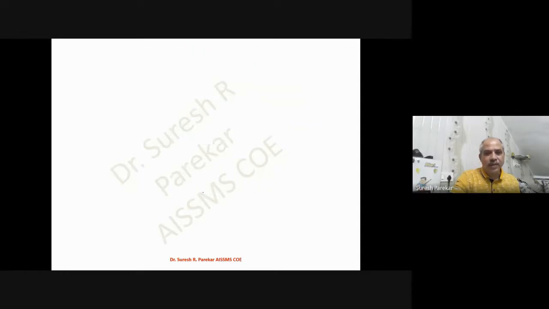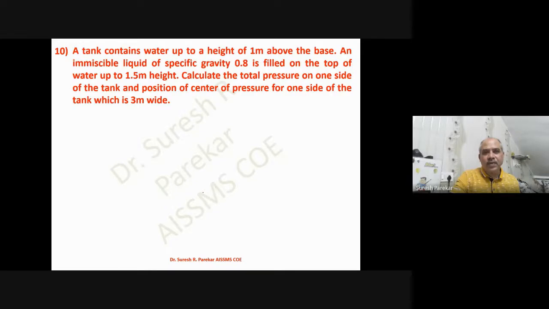9806.65 Newton. Then we have a tank that contains water up to a height of 1 meter above the base. An immiscible liquid of specific gravity 0.8 is filled on top of the water up to 1.5 meter height. Calculate the total pressure on one side of the tank and the position of center of pressure. So we are going to divide it into two parts.